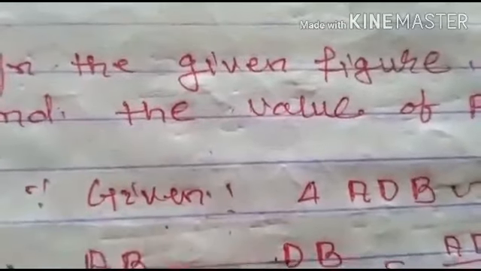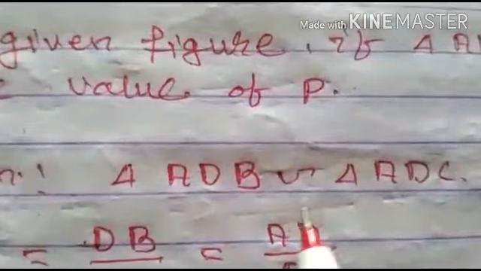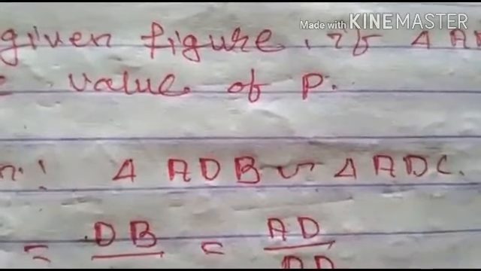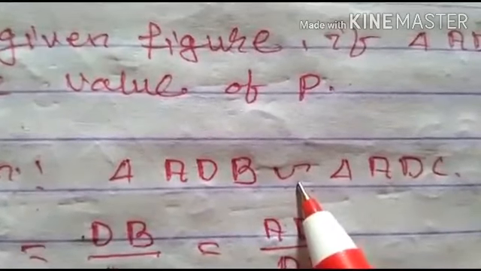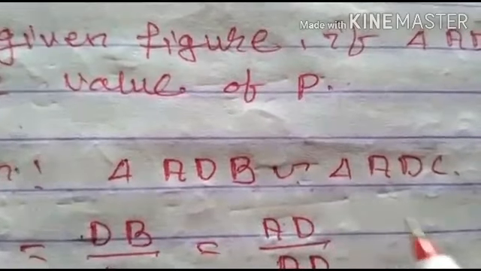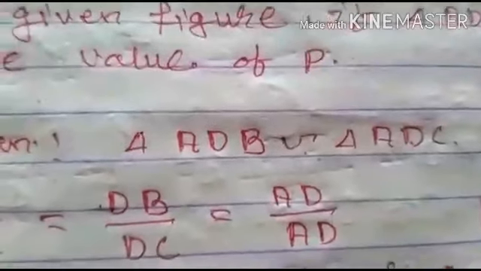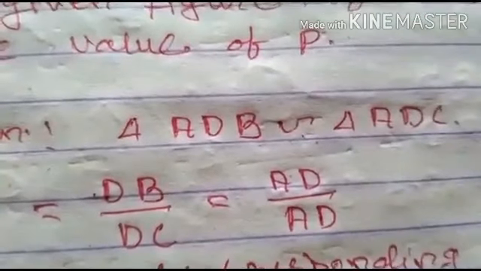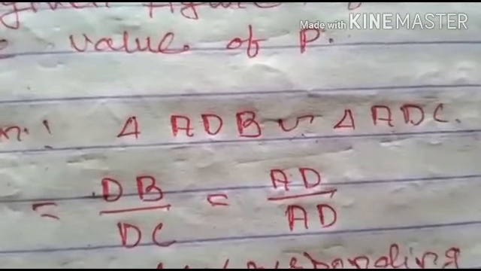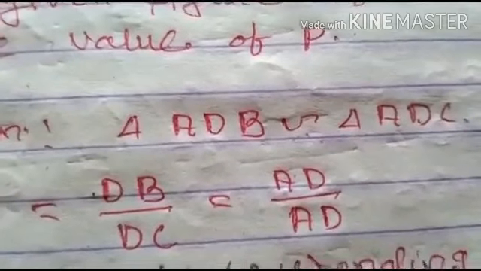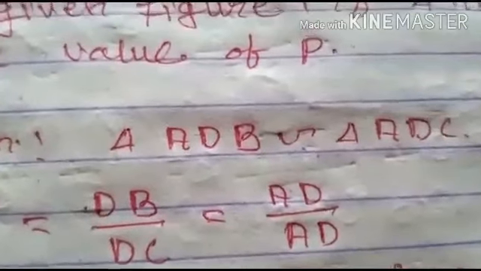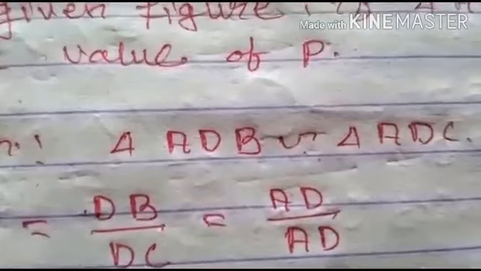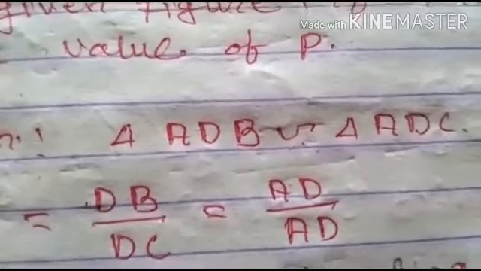So in this question, it is given that triangle ADB is similar to triangle ADC. This is the symbol of similarity. When two triangles are similar, you know that they are equiangular. It means that their corresponding angles must be equal, and their corresponding sides are also proportional.